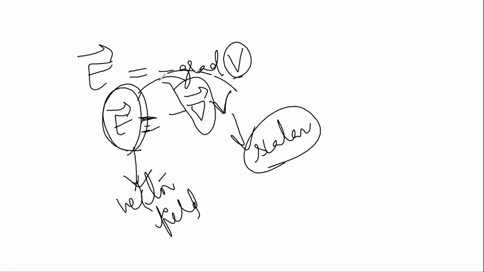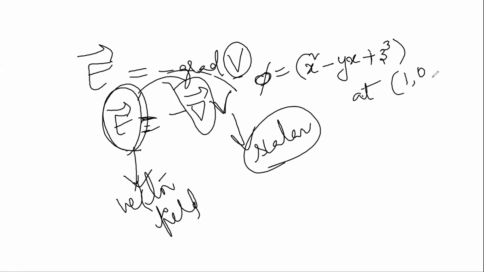Now let us go for some problem on this gradient. Let me give you one problem. Let us consider the function phi to be x square minus yx plus z cube. Now I am asking you to calculate the gradient of the scalar field at 1, 0, 0.